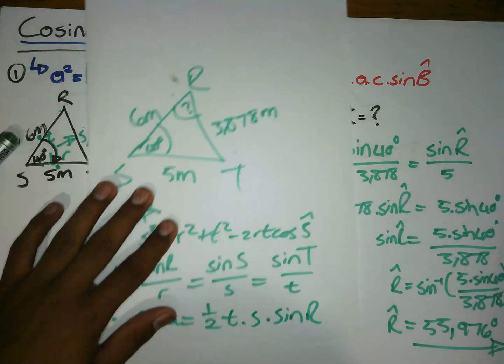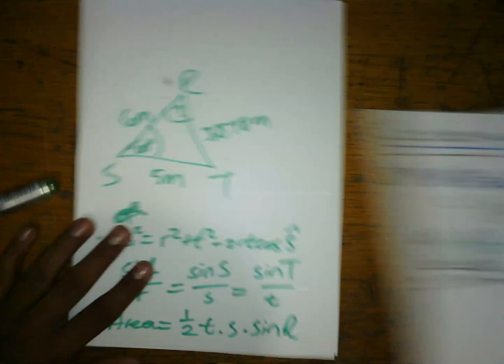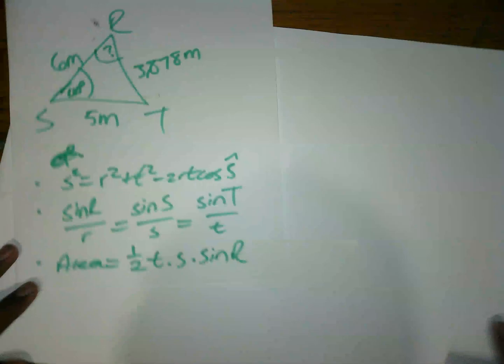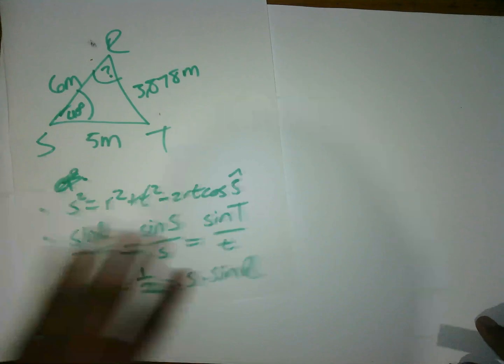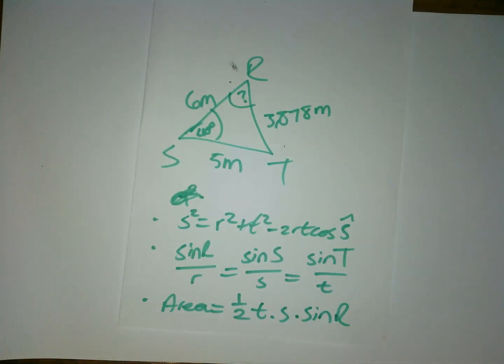Looking at this, to calculate angle R, we must look at the formulas we have. So, angle R, we might be able to use the cosine rule to manipulate at least.